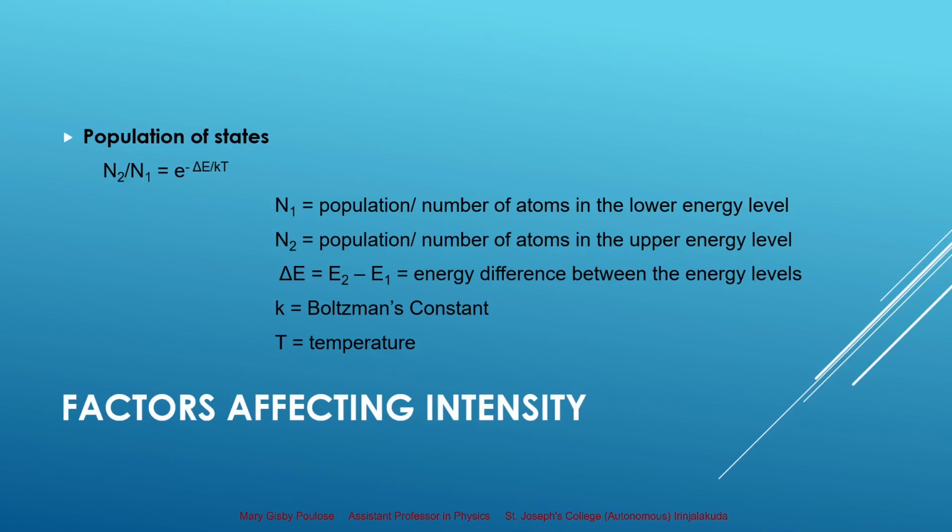So depending upon the population or number of atoms in each energy level will be the intensity of that spectral line. If more atoms are excited into the higher energy level, we will get a peak with higher intensity. If fewer atoms are de-exciting to a lower energy level, we will get a spectral line of lower amplitude.